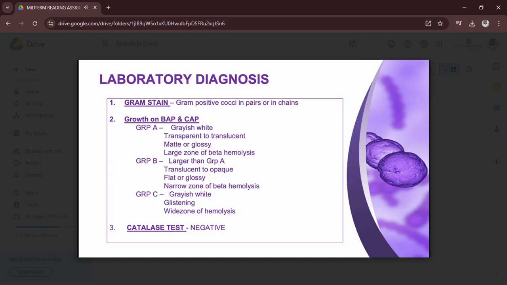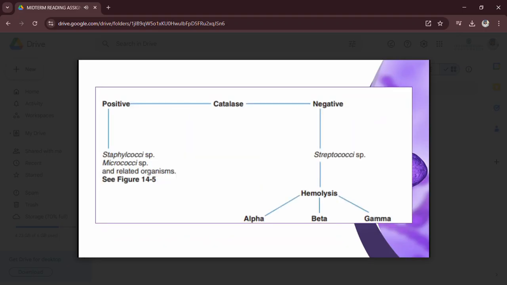Now, speaking of laboratory diagnosis, here are the tests wherein we can differentiate one from the other, because these are all characteristics under your Streptococci and Enterococci. We will talk about it further in the following slides.